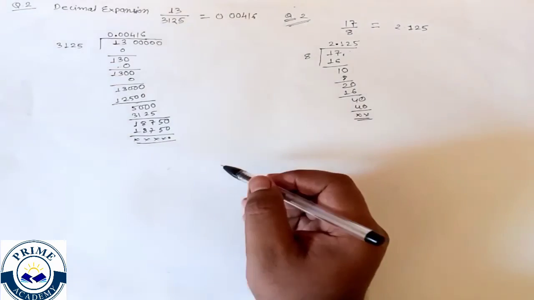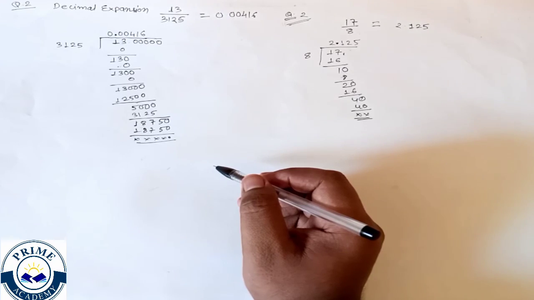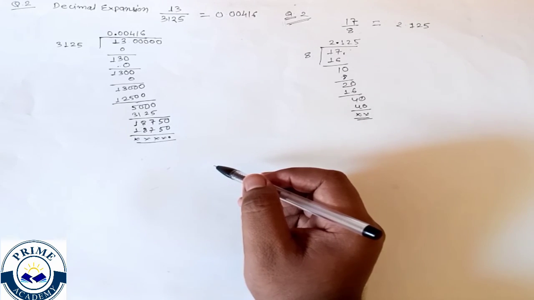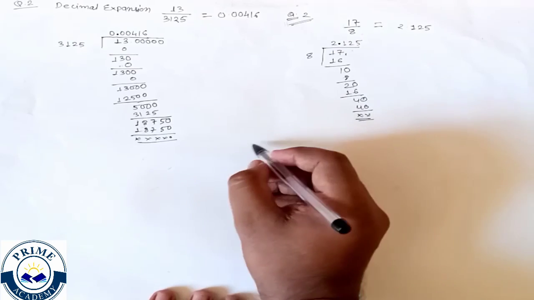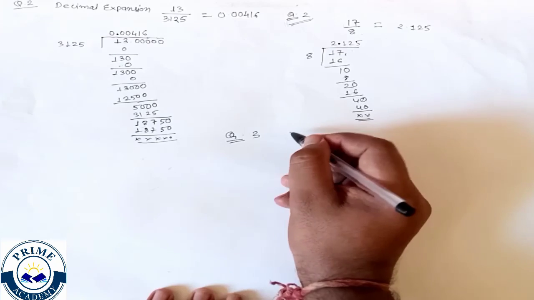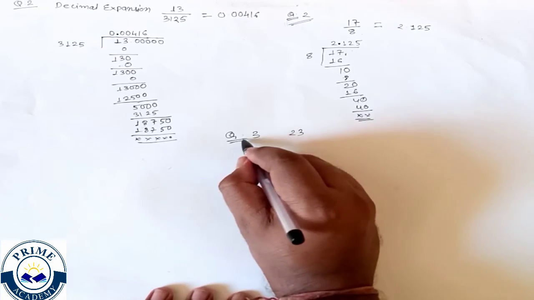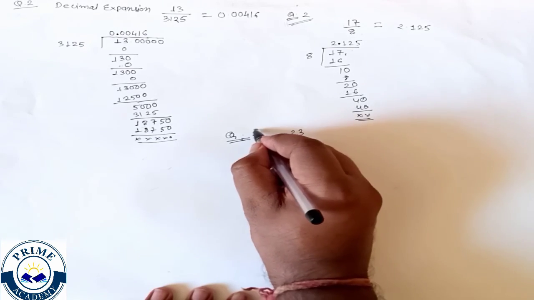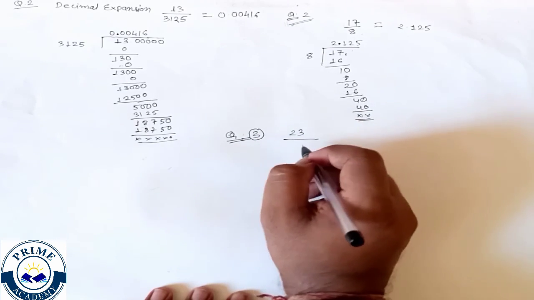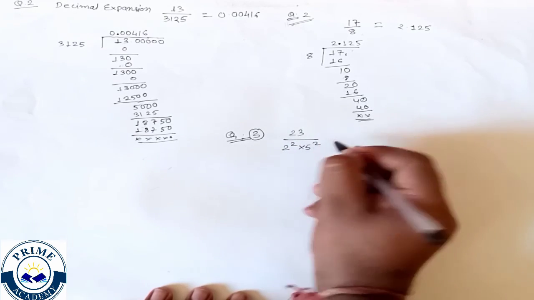Let's check it out, one more problem I'm doing. After that you will do all the rest of the problems, right? So suppose, let's check it out. This is the given question number 3. The question says 23 divided by 2 to the power 2 into 5 to the power 2, right?